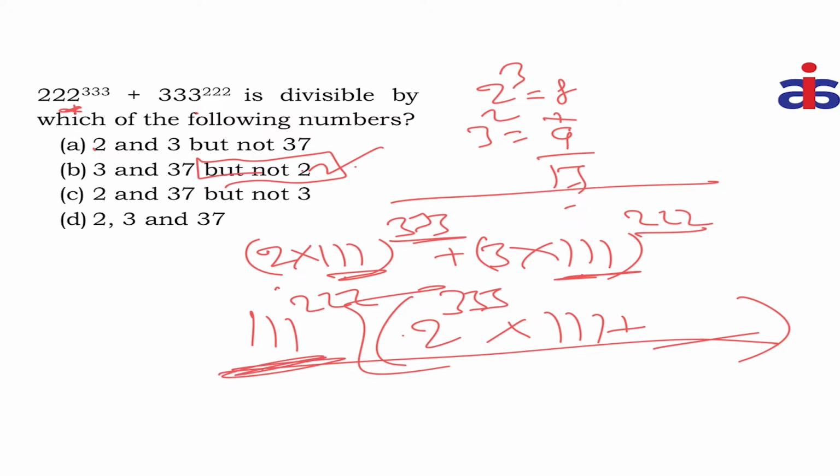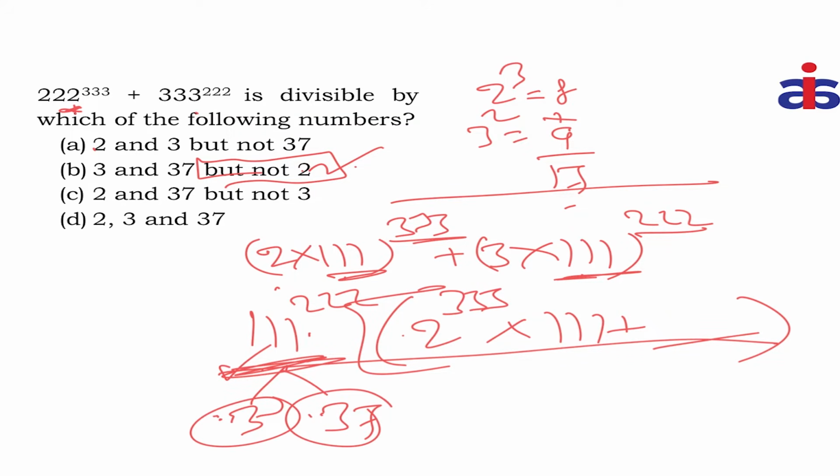So the entire number should be divisible by 111, and the factors of 111 are 3 and 37.